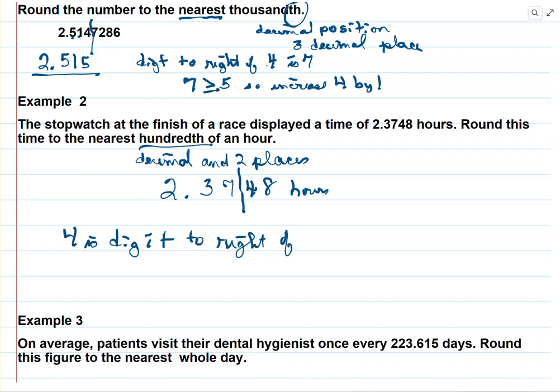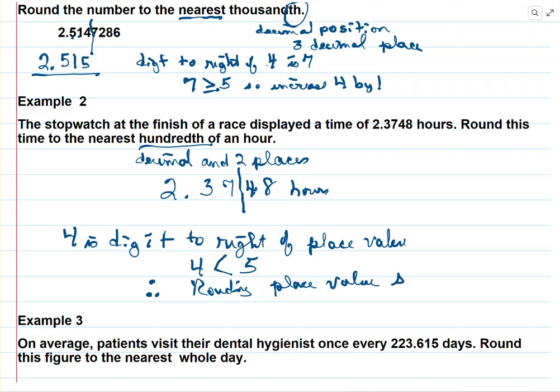Of the place value. It's a digit to the right. And 4 is what? Less than 5. Therefore, the rounding digit stays the same, no change.